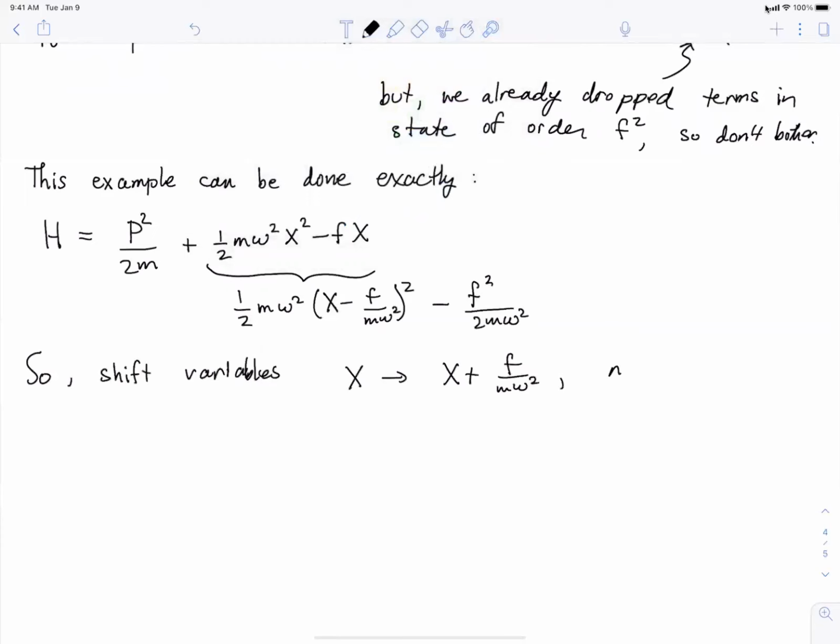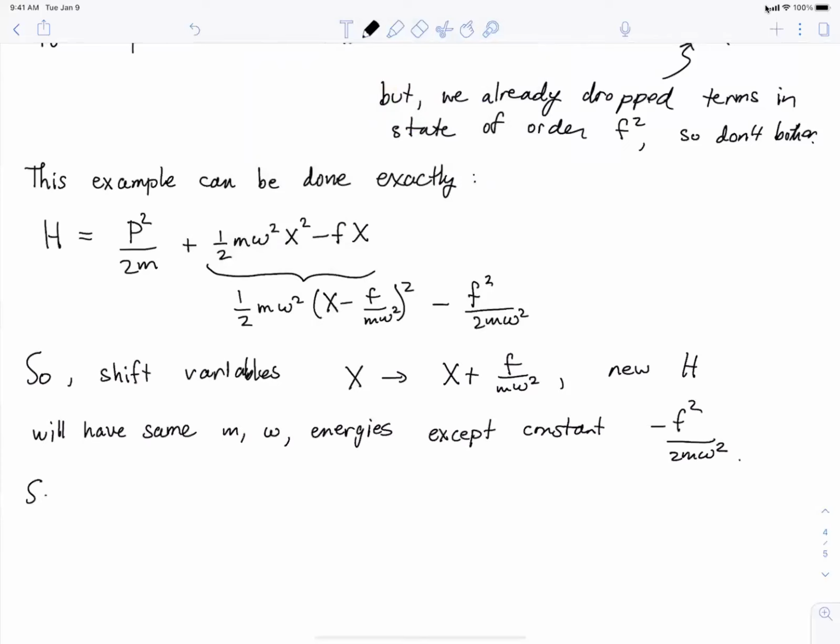And then the new Hamiltonian will have the same mass and omega and the same energies, therefore, except shifted. So, okay, except there's this constant minus f squared over 2m omega squared.